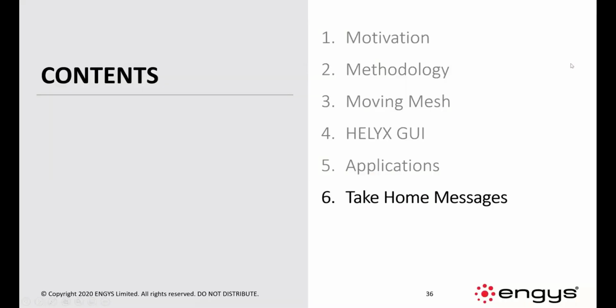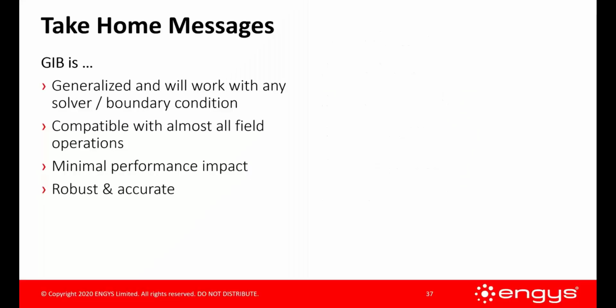All right, so let me leave you with a few take-home messages. First of all, GIB is generalized and will work with any solver and any boundary condition. So that's the goal. It's compatible with almost all field operations, and there's minimal performance impact. It strives to be robust and accurate.